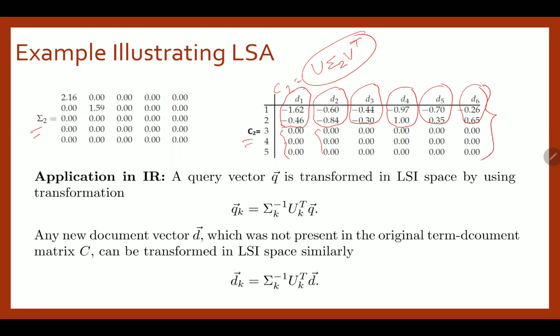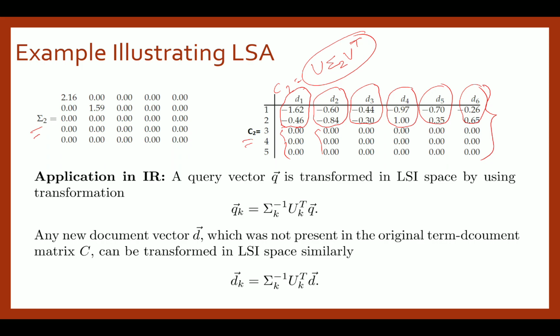Now, for example, this is an example related to information retrieval: if you have any query vector and you want to find the similarity of that query with respect to the documents.